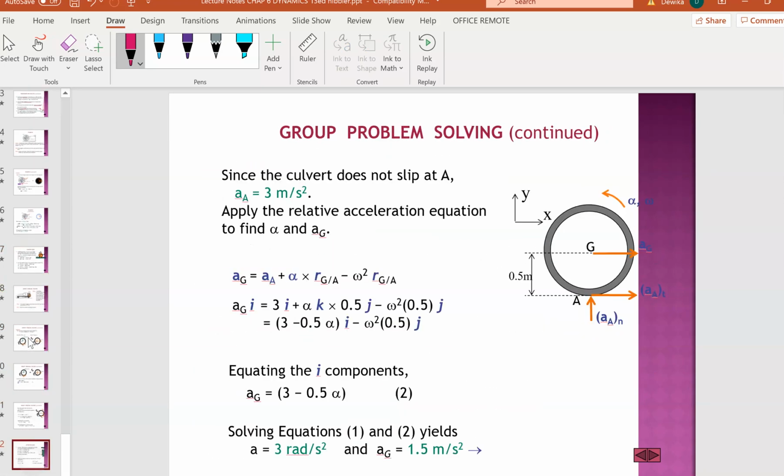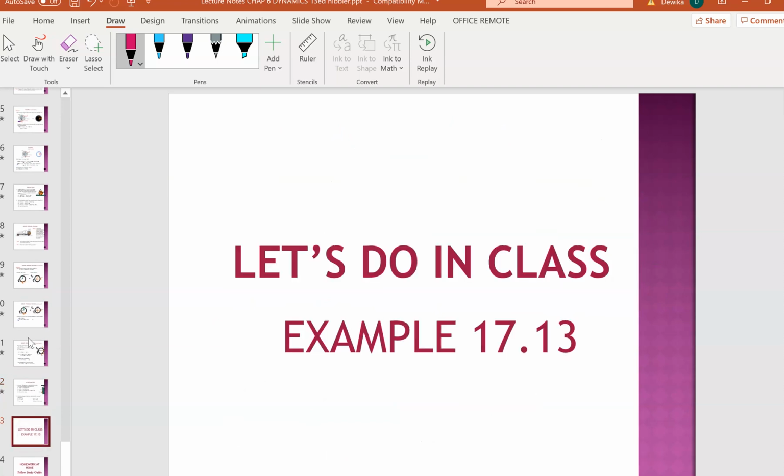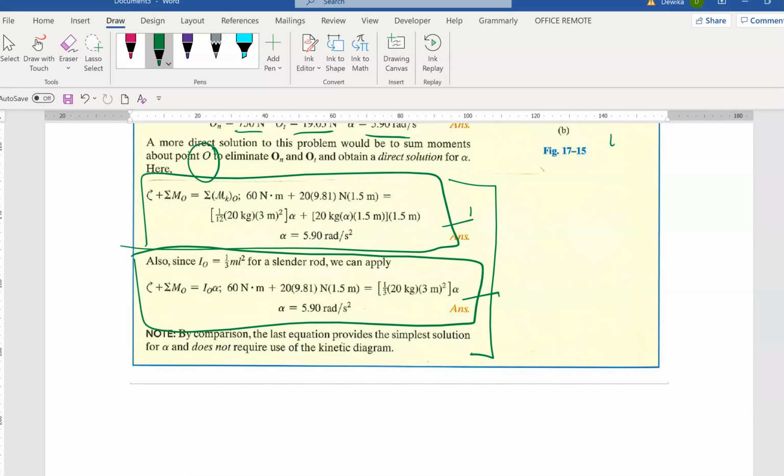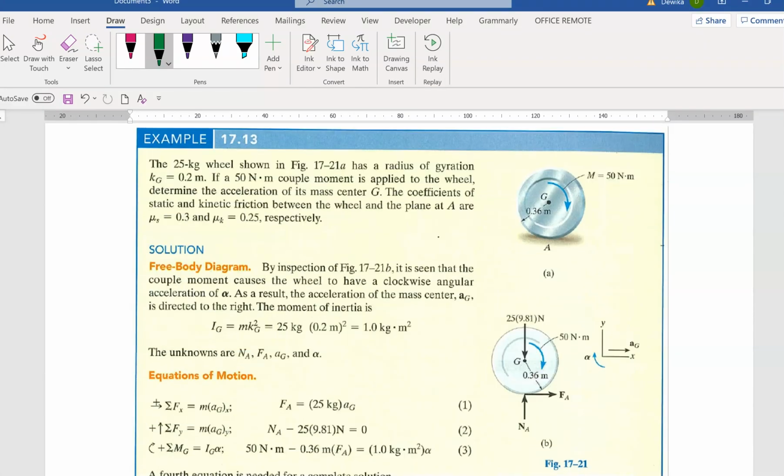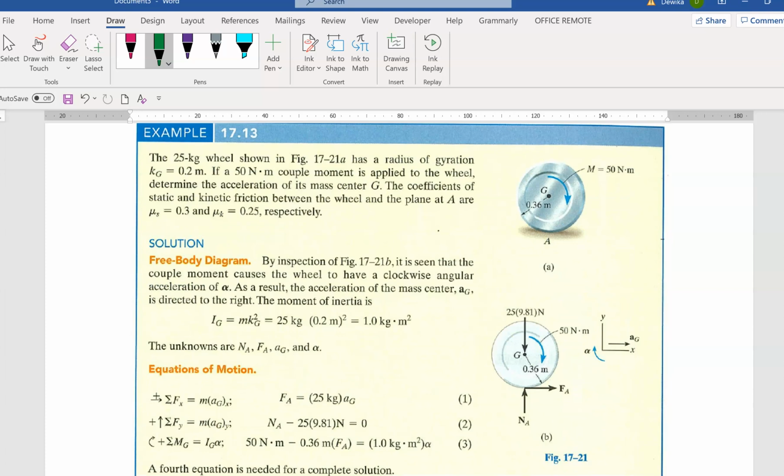The examples in the slides I will just skip. I'll go directly to the example in the textbook, example 17.3, from textbook page 459. We have a 25 kilogram wheel with a radius of gyration kG equal to 0.2.